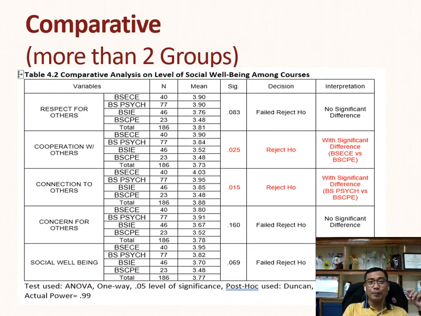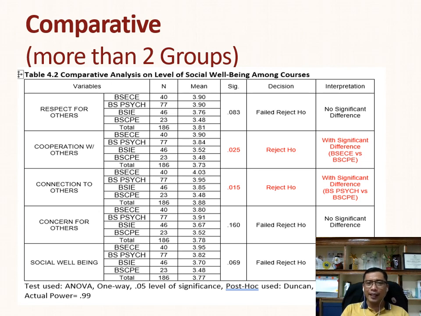How about if it would be more than two groups? This is an example, and these are the courses involved in the study. Same other variable, which is the level of social well-being. You could see here the level of significance. Only two are less than 0.05, 0.025 and 0.15.